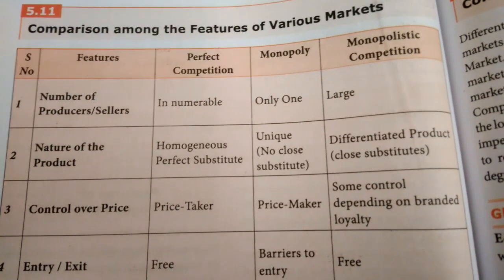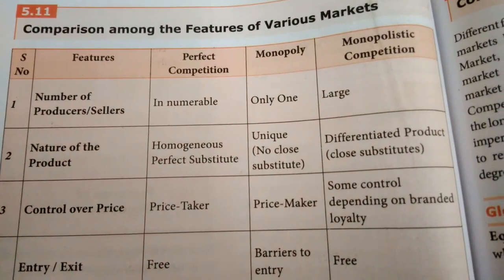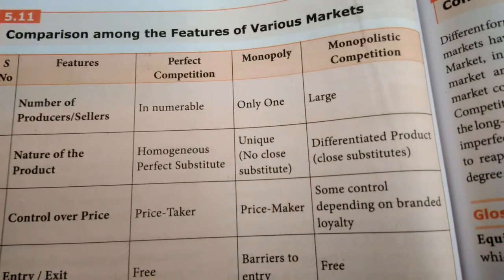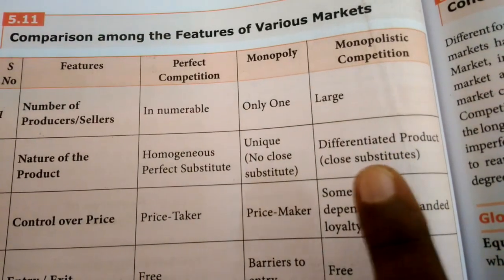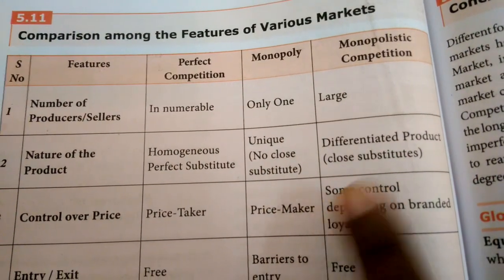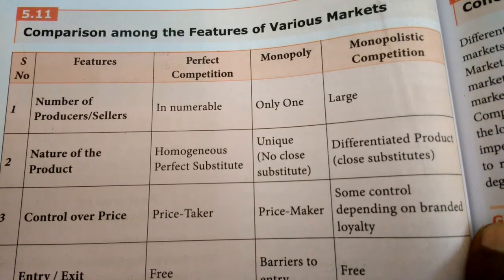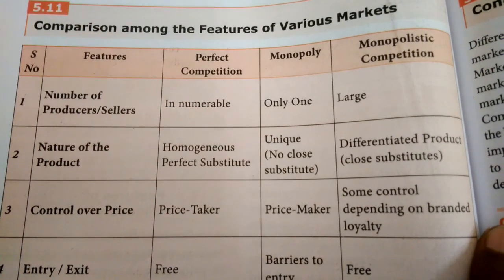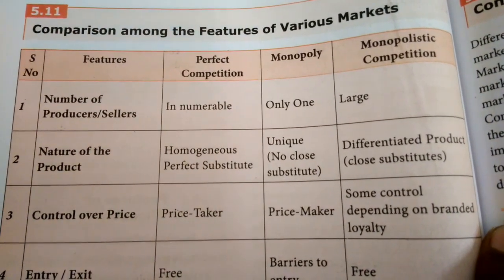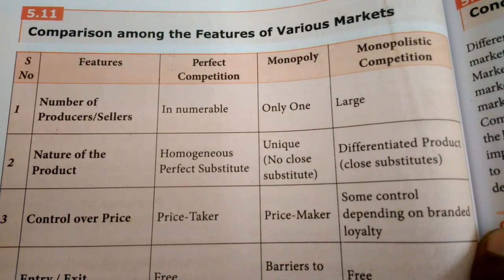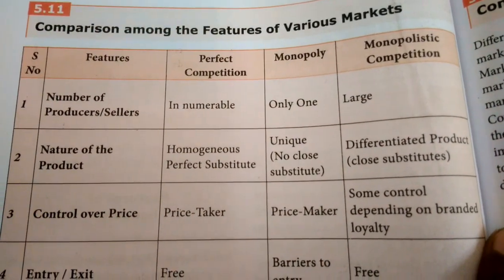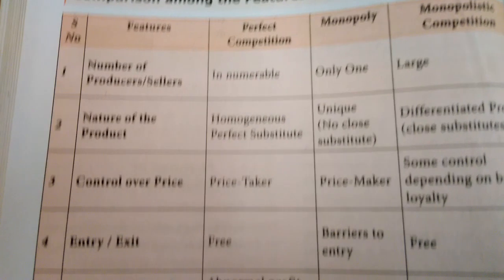In monopoly, only one producer or one seller will be there, because mono means single and poly means seller, so a single seller only. Next, in monopolistic competition, the producers will always be very large in number but fewer than in the perfect competition market.